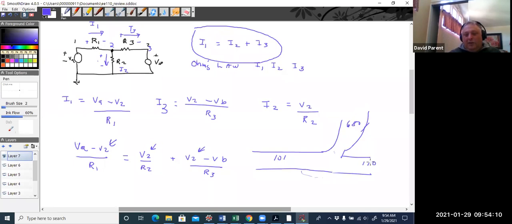You have 101 continuing, and then you have 680 going in the other direction. And this becomes 280.